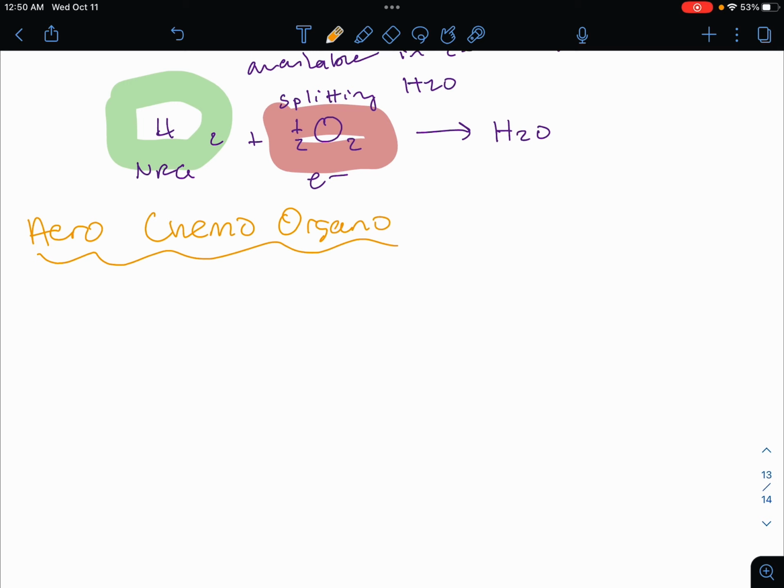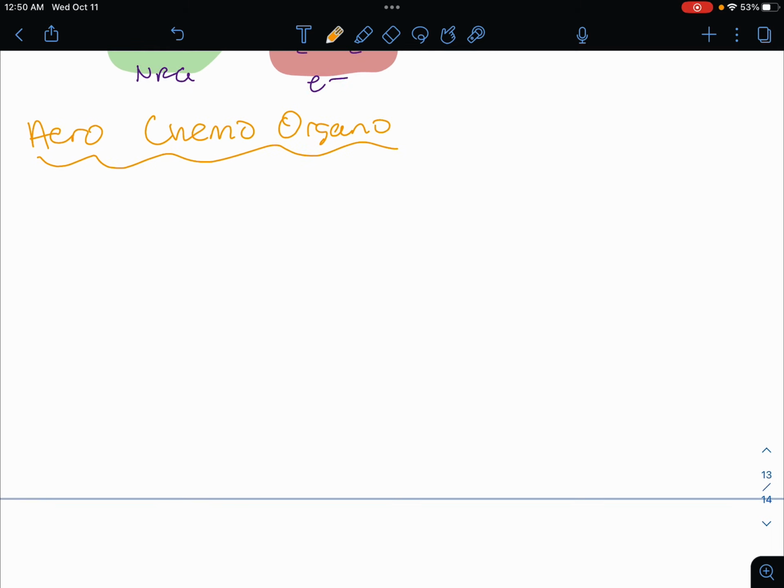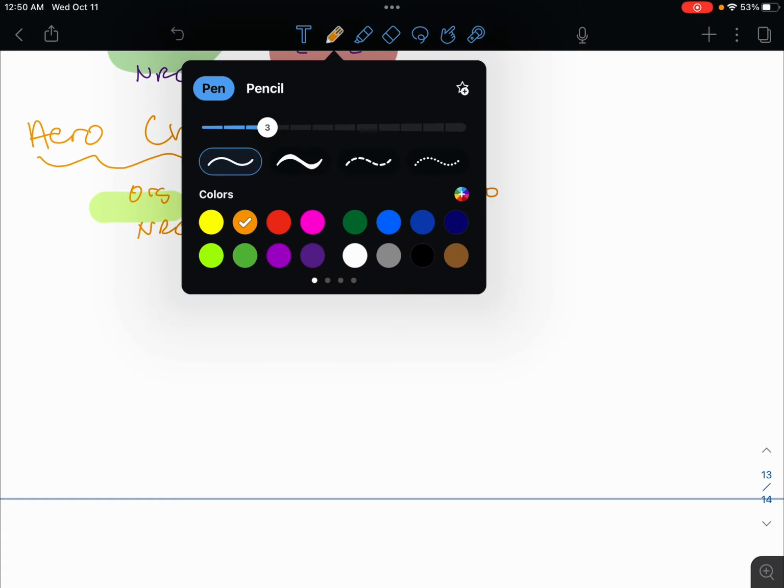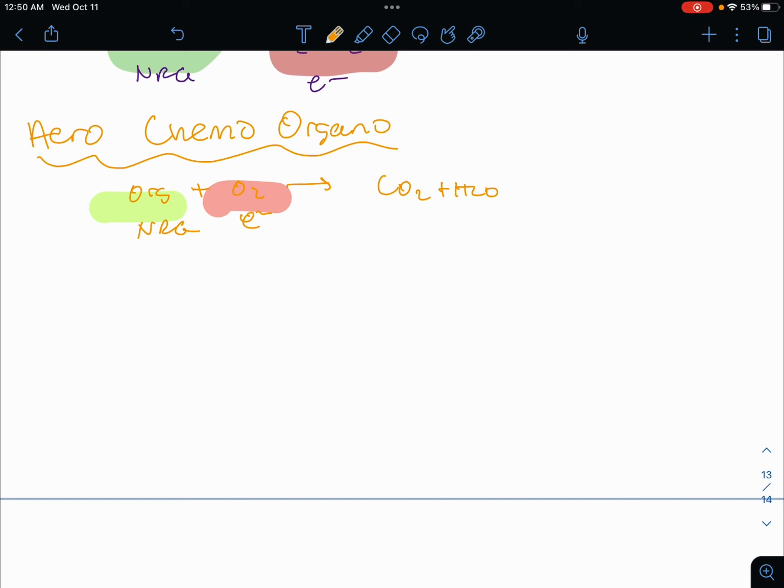Chemoorganotrophs are going to be using organic compounds as a source of energy. And we have the equation here: organics, that's the energy source. O2 is the electron acceptor. And we're going to be making CO2 plus H2O as our products. Some inhabit specific environments. Others are just like everywhere. It doesn't really matter.